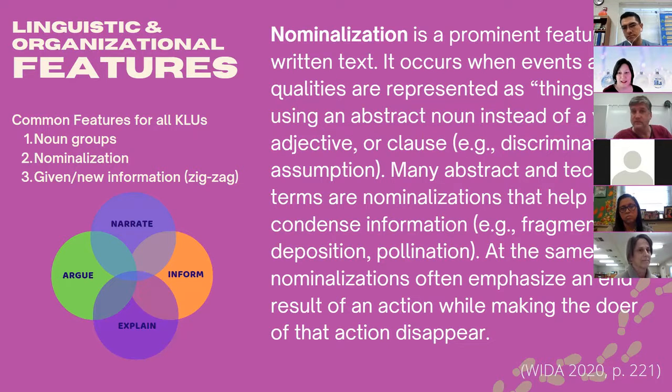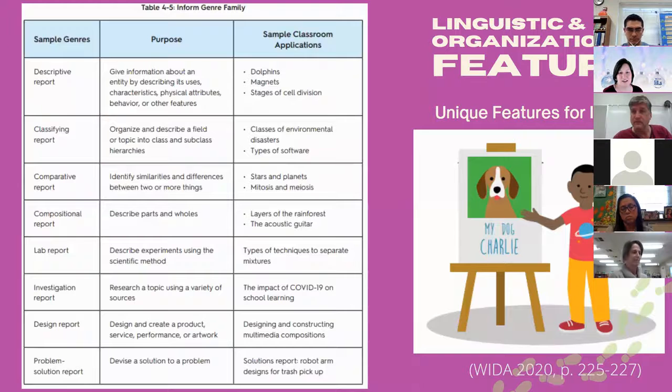Absolutely. Okay, so I'm going to move away from the common features and start looking very specifically at the unique features for Inform. Again, if your screen is small, you might not be able to read the words, so I'm going to direct you back to the PDF or to your own book. We're looking at pages 225 through 227.